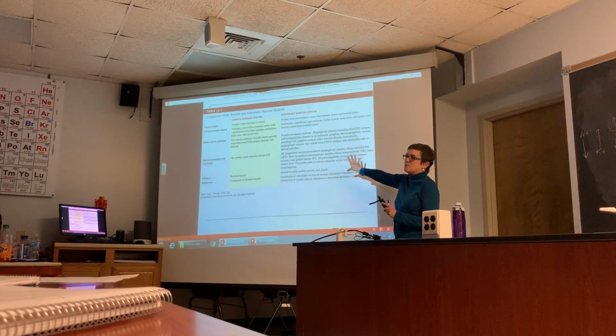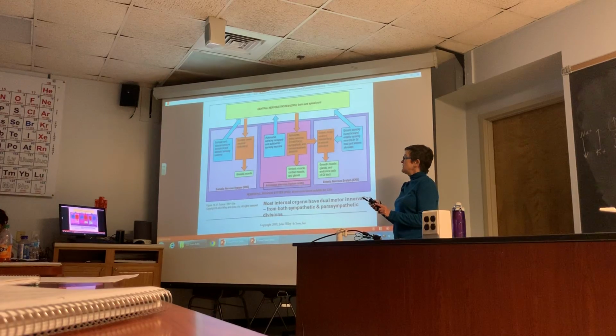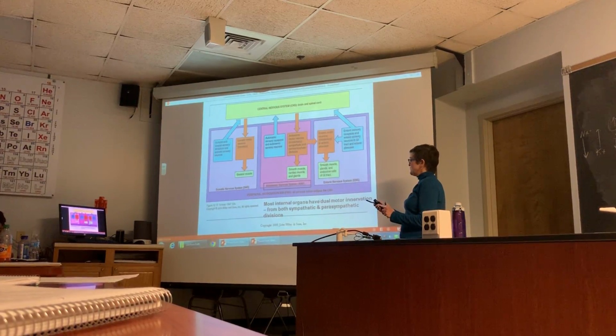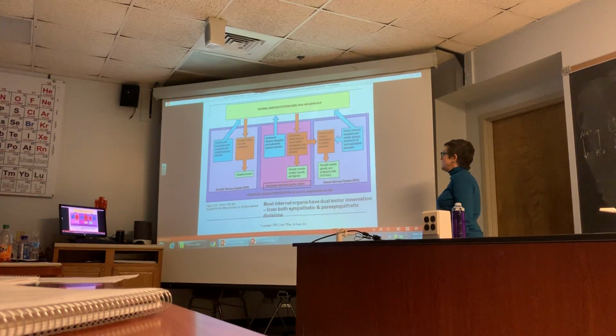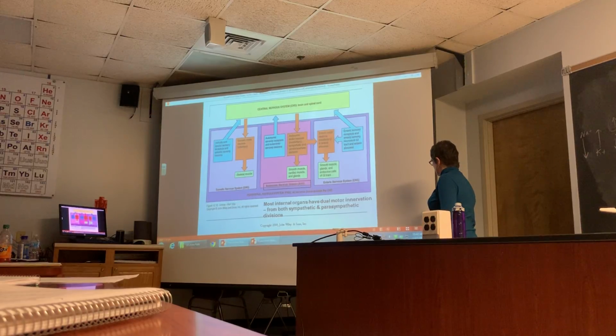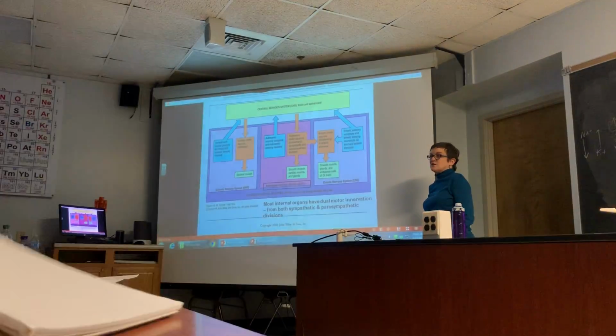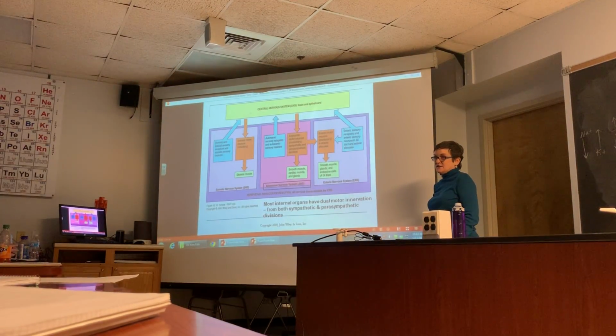So this is a good summary to look at to help you understand the differences and the functions of the autonomic system. Most of your internal organs, and that includes blood vessels and heart, as well as your digestive and urinary organs and respiratory system. And it also includes glands, both exocrine and endocrine.